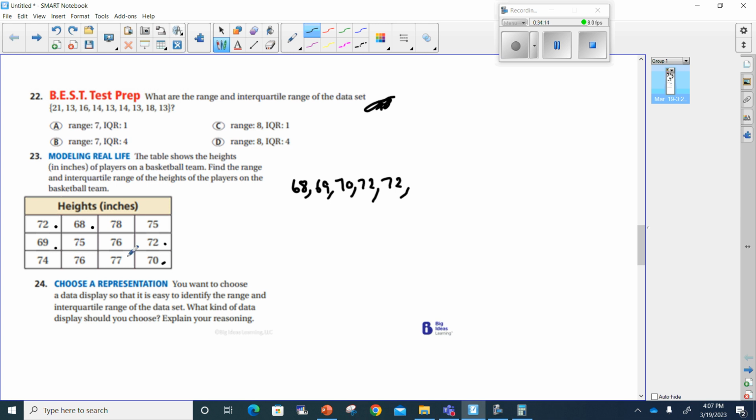I don't see any other 72. I don't see a 73 or a 74. Looks like the next one is 75, and there's 1, 2 of those as well. Well, I'm sorry, there is a 74 here. Let me take that back, put 74. And then the two 75s. That takes care of them.